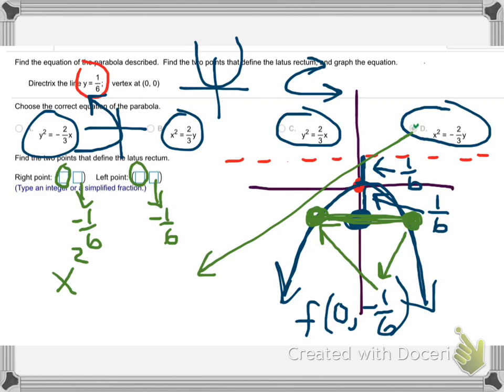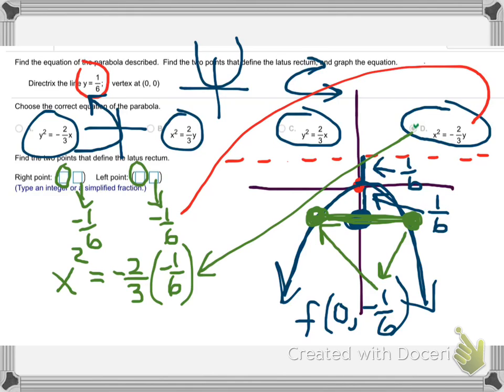So if we know what the y value is, which is negative 1/6, all we have to do is substitute negative 1/6 in for y and solve for x. When I reduce this fraction, I get 2/18, which reduces to 1/9, and x squared equals 1/9.